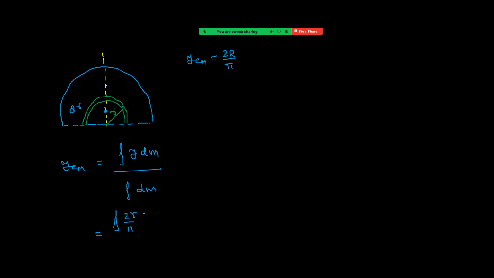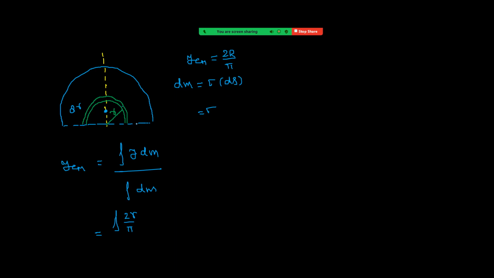In the place of dm, since it is now a semicircular plate, meaning a two-dimensional body, we are taking dm equal to sigma into the corresponding area called ds. Okay. So sigma is mass per unit area.